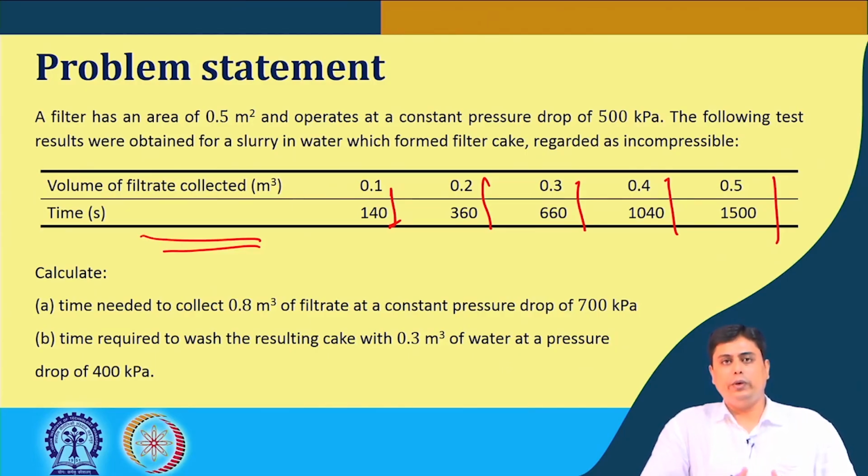So what do we do with this data set? Because the question is, what is the time required to collect 0.8 cubic meters of filtrate at a constant pressure drop of 700 kilopascal? That means we have to look at the expression of t by V that we have seen earlier. How do we proceed?